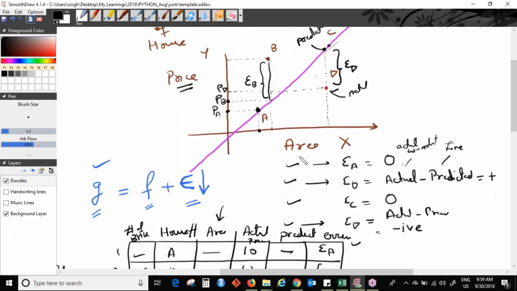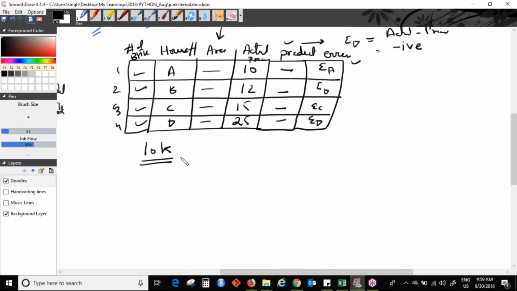If you have 10,000 houses, we will get 10,000 errors. We will have error A, error B, and so on till 10,000. Similarly, any other person who has built a model will also have 10,000 errors. Now how will you compare which model is the best? Is model 1 the best, or is model 2 the best?